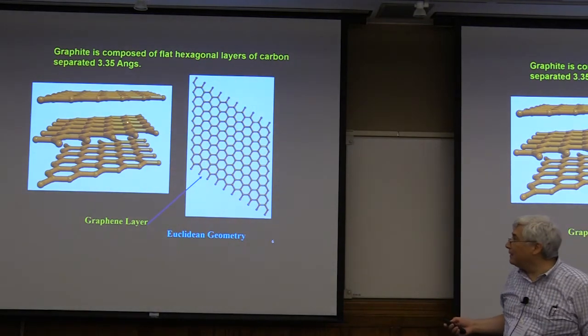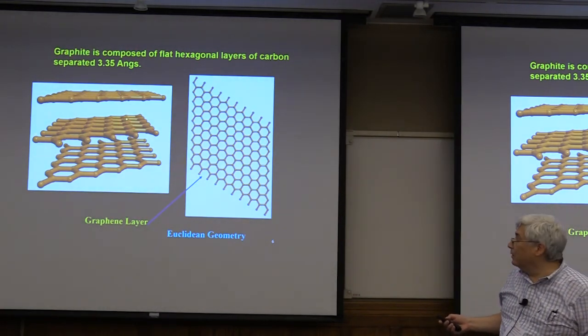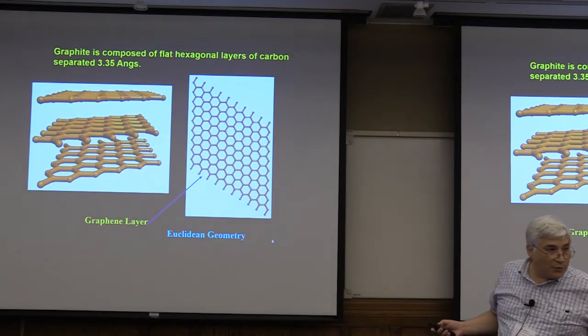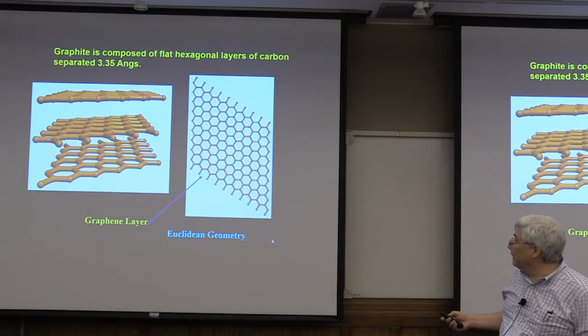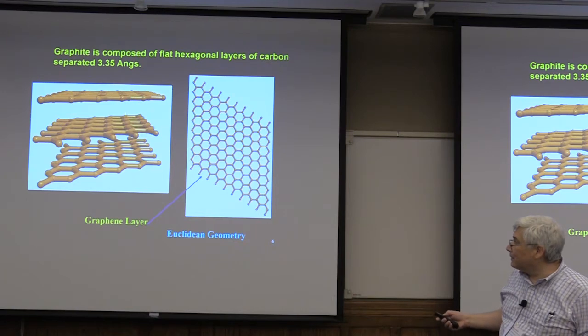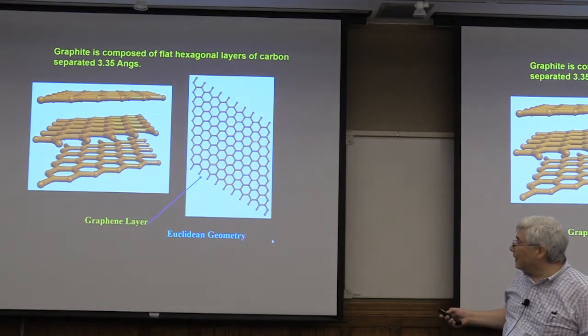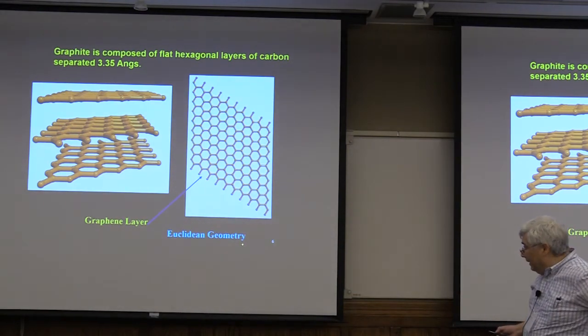This is the graphite that you have in your pencil leads. And when you write, you deposit a few layers of graphene on your paper. There is no chemical bond, so you can separate them with the Scotch tape method.